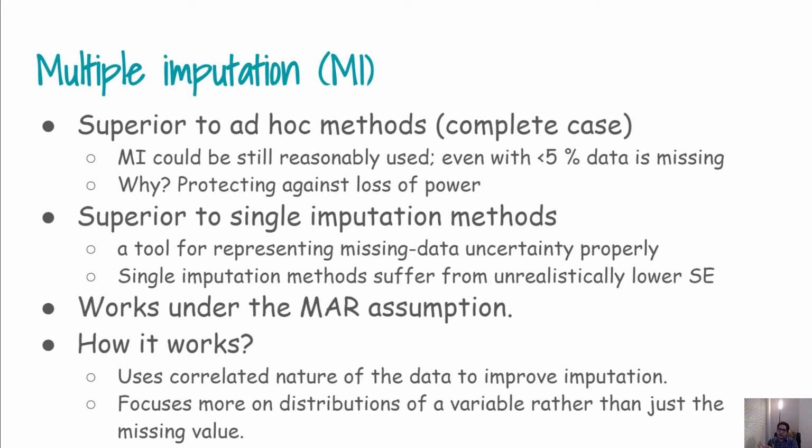And even if you are only getting some new data from multiple imputation in a data set where you still have a very small amount of missing values, it is still giving you more power. So more data is always better, right?